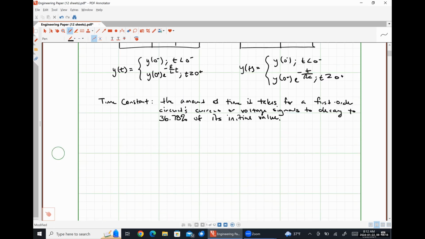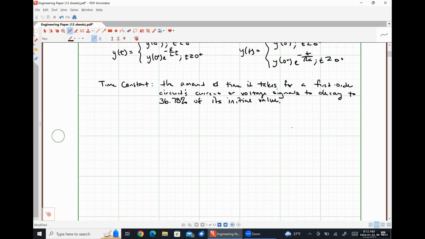So effectively, if we have some signal, let's say that this is the amount of time on the left-hand side, and this is the ratio of y(t) to y(0+) in exactly one time constant.